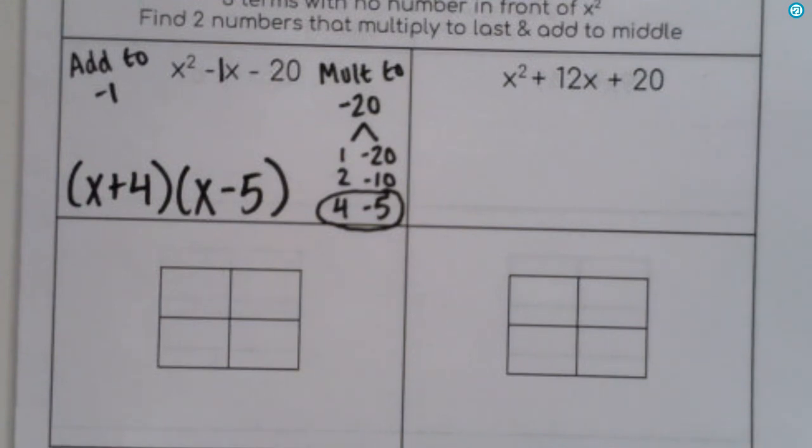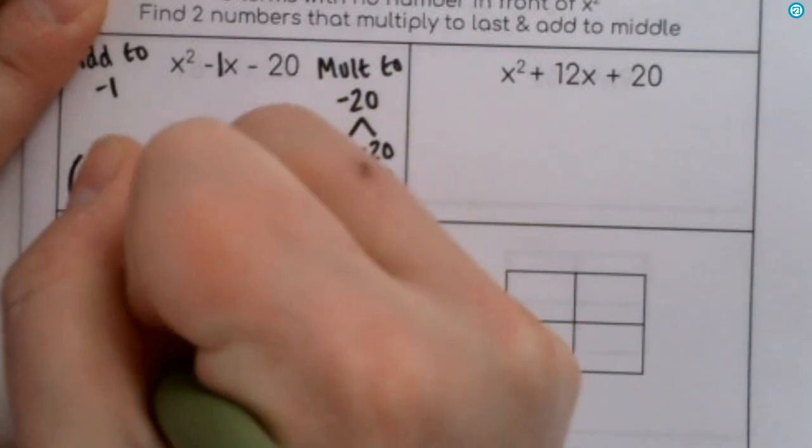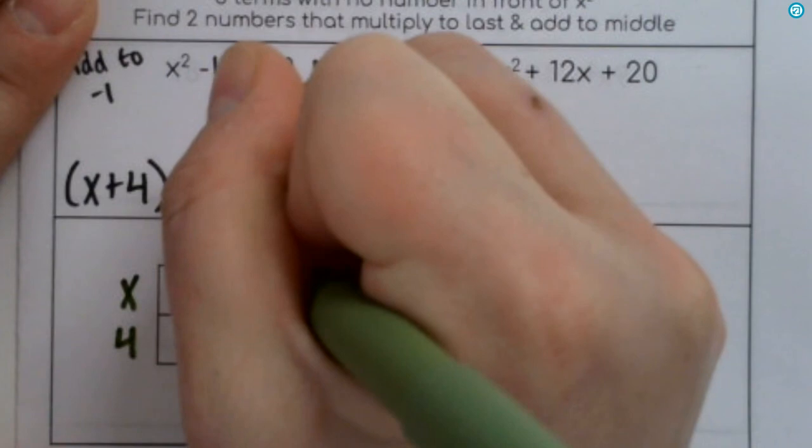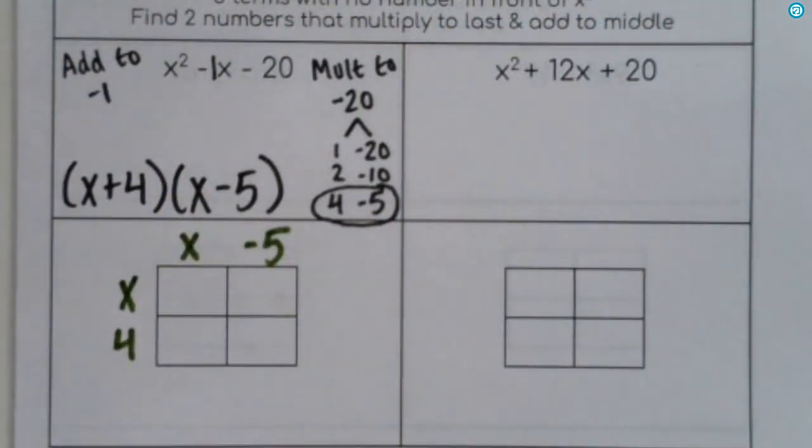Just like we did on the last one, we are going to multiply these out to check our answer. So I'm going to take x plus 4 and put that on the left. I'm going to take x and -5 and put that on the top. And I'm going to go ahead and multiply these out. So x times x is x squared.